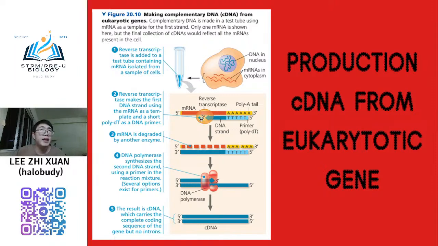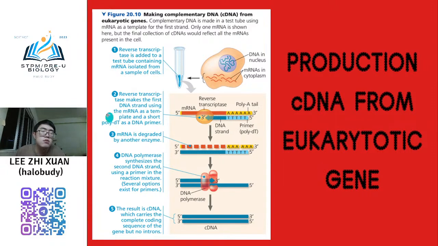Dia tukar template dia to become mRNA, and then it uses this template to produce double-stranded cDNA. Just the template tak sama aja. Compared to DNA replication dia guna DNA as template, but for cDNA punya dia guna mRNA as template.